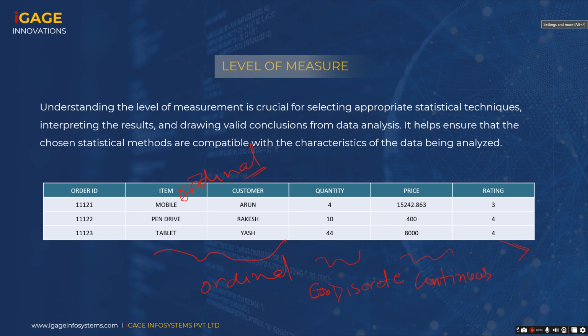So that means it is ordinal data. And the item and customer name are nominal data, because they don't have any direction.